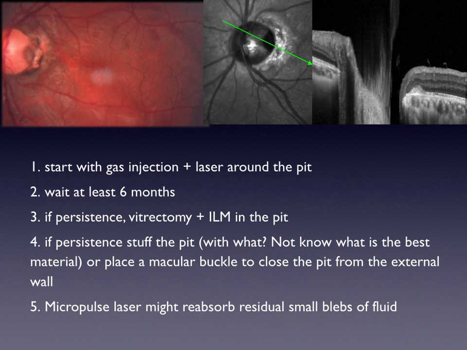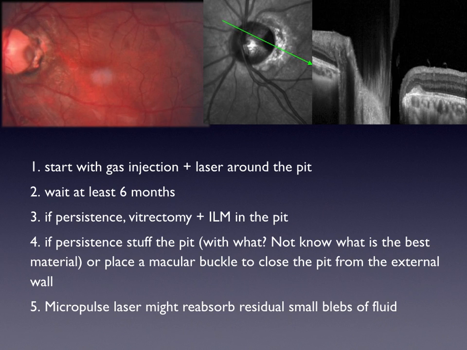So in summary, I think that it is reasonable to start with gas injection and laser just around the pit. It's reasonable to wait at least 6 months because it takes time to reabsorb the fluid. If there is definitely no change or recurrence, the right approach is vitrectomy, stuffing the pit with the ILM if you can.